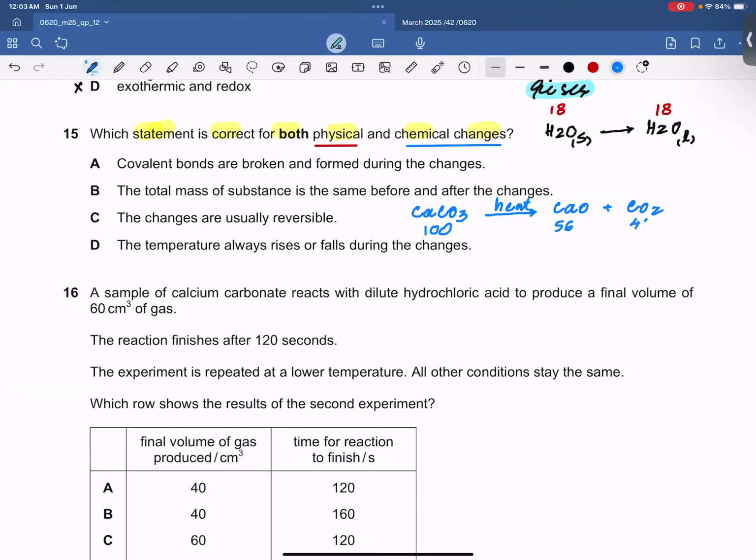The MR of carbon dioxide is 44 gram. If you add these two masses, technically you will get 100 gram, right? So the mass of reactant and the mass of product is the same even in chemical change. Similarly, the mass of reactant and the mass of product in physical change is also the same. So amount or mass, both in chemical and physical changes, is going to be the same, right?